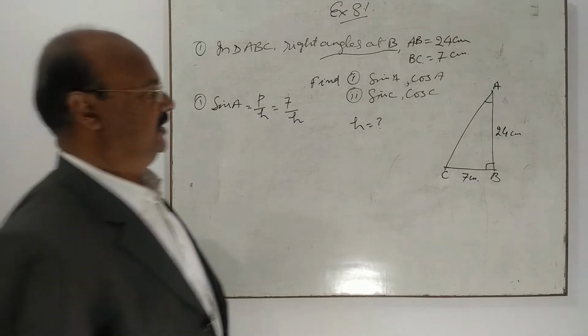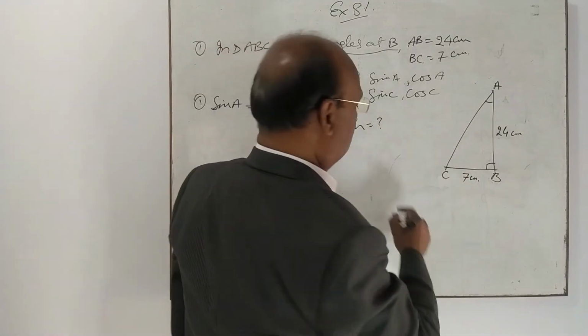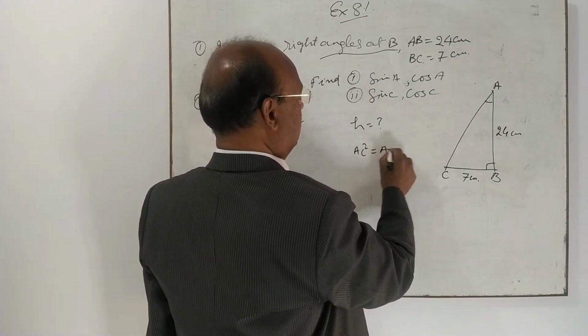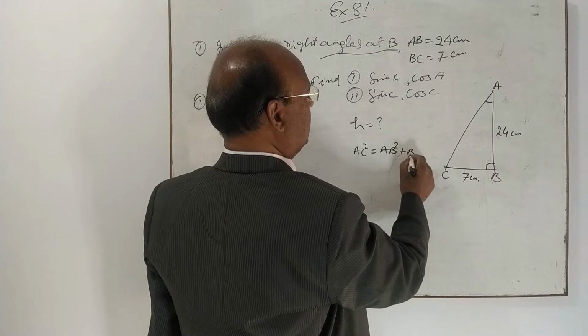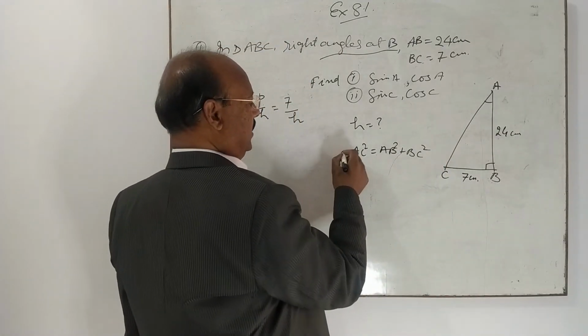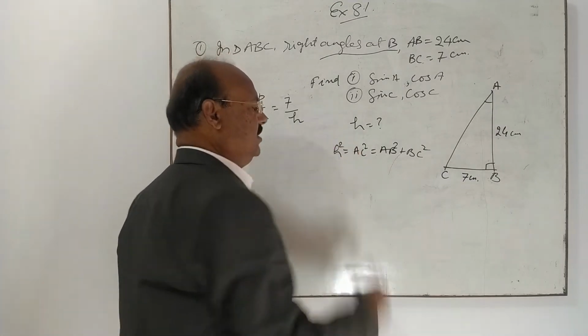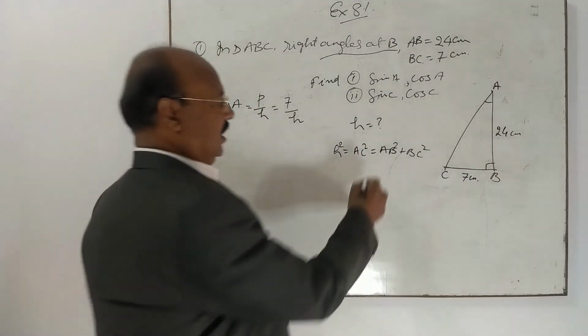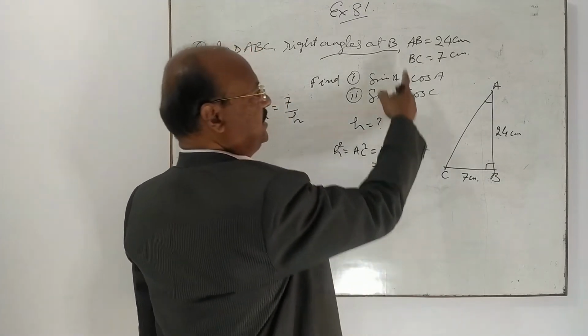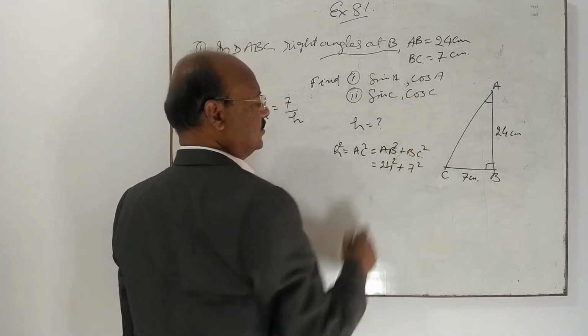According to the Pythagoras theorem, hypotenuse square, AC square, is equal to AB square plus BC square. AB square is 24 square and BC square is 7 square.